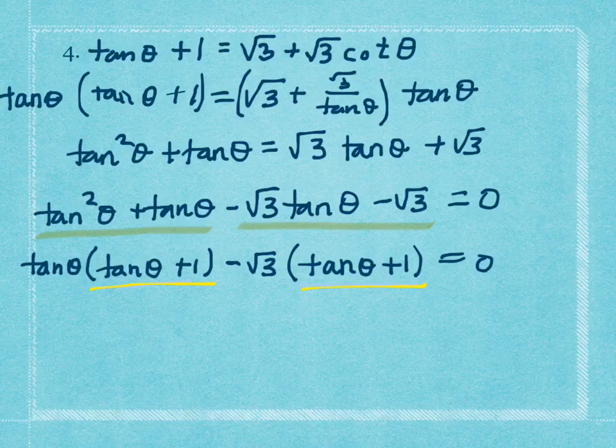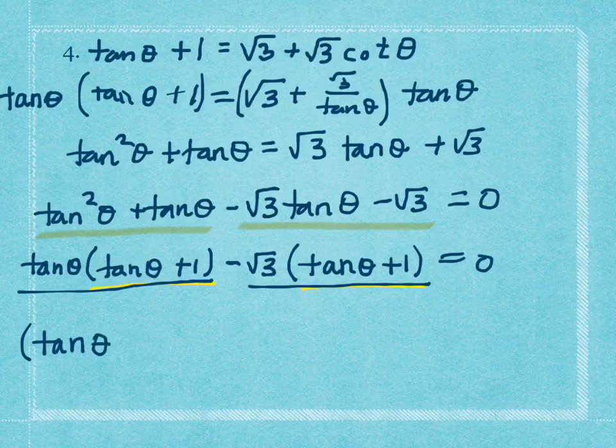And in essence, what I've got now is this whole expression here, and this whole expression here, and the parts that they have in common are the parts in parentheses. So I'm able to factor out the part they have in common, tangent theta plus 1. And then for the first bulk of what's going on, what's left is tangent theta, right?